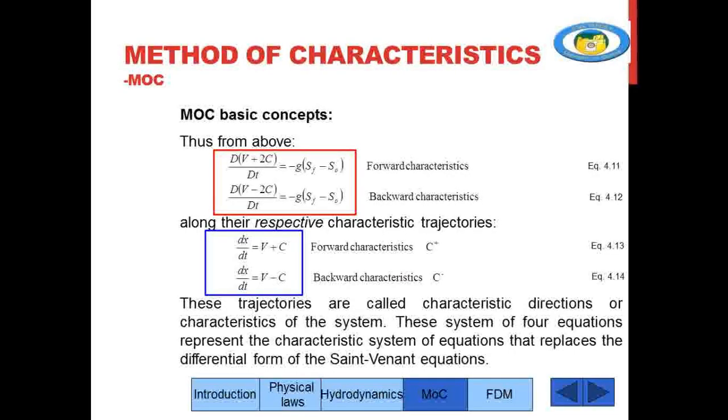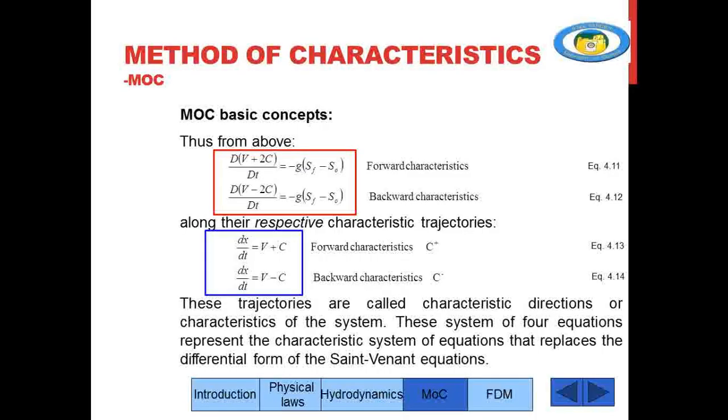Essentially, the wave is traversing along dx per dt, with the slope of, of course, the inverse essentially, dt per dx, which is 1 over v plus c. You are going to have a forward characteristic that would propagate information. So along the line of v plus c, information on the fluid property would propagate along that direction.